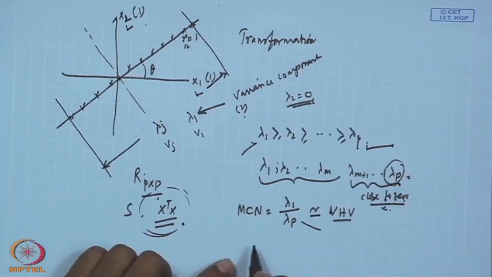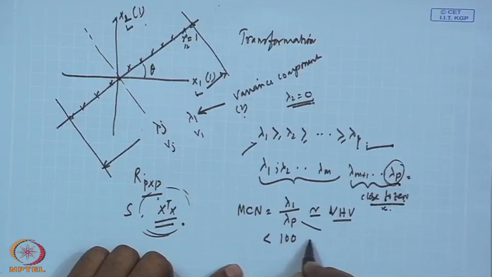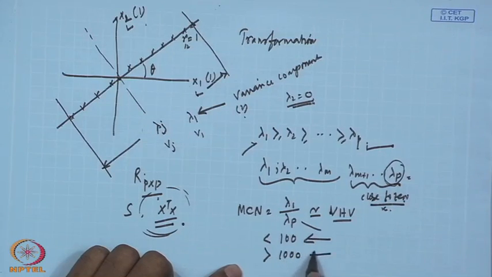So if MCN is less than 100, it is not a serious multicollinearity problem. But if it is greater than 1000, it is a serious issue.